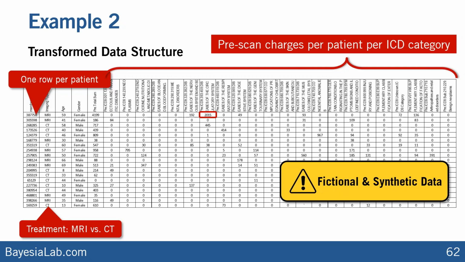So we have the total costs per ICD-9 category recorded for each patient before the scan, which you see on the screen here, and then off screen to the right would be all the charges per ICD-9 category after the scan. Again, what you see here is fictional and synthetic data. It relates to a true study, but of course that data cannot be made available. So this is a synthesized version, conceptually related to this original true study.